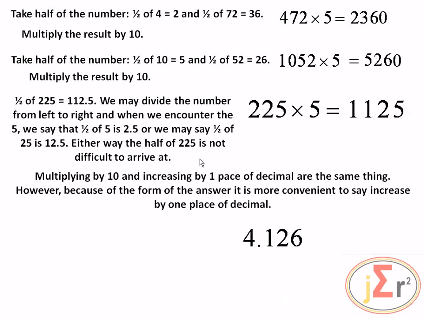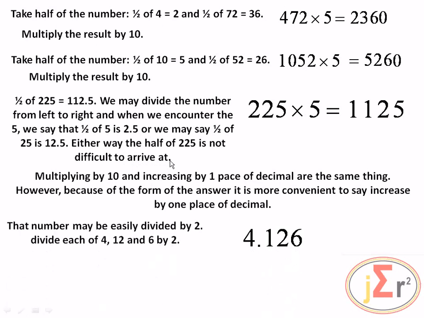There we have another one that has a decimal fraction part to it. That number may easily be divided by 2. Divide each of 4, 12, and 6 by 2. So 4 divided by 2 is 2. Then we say 2 into 1.